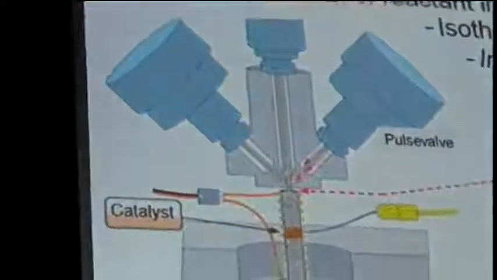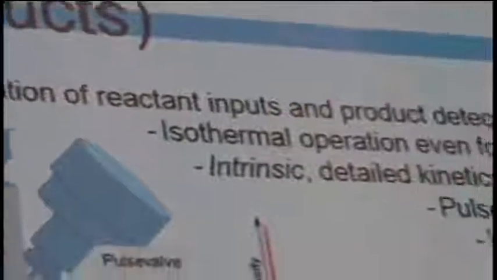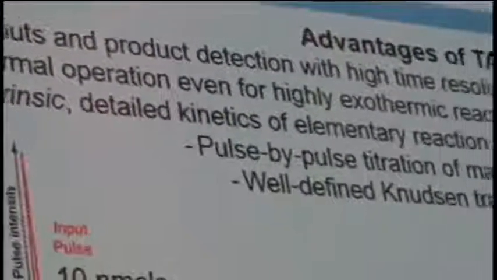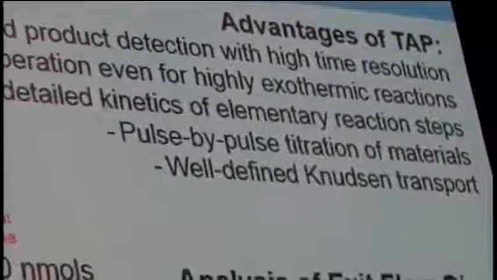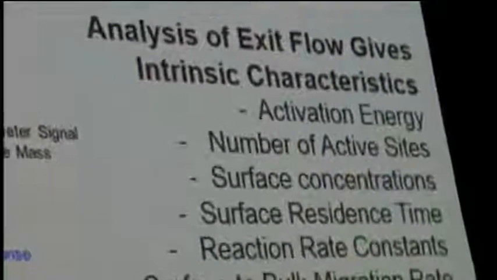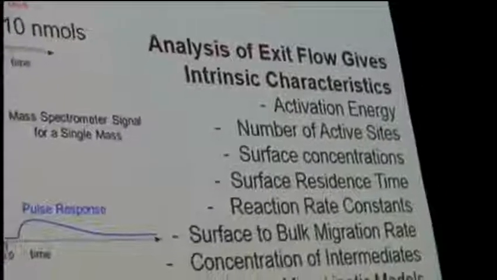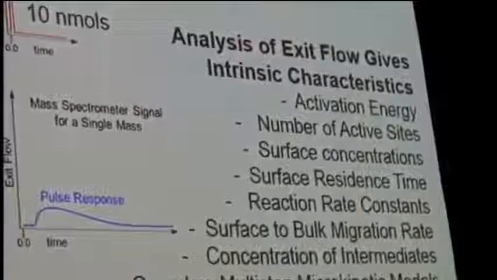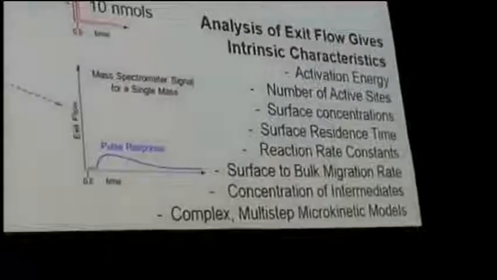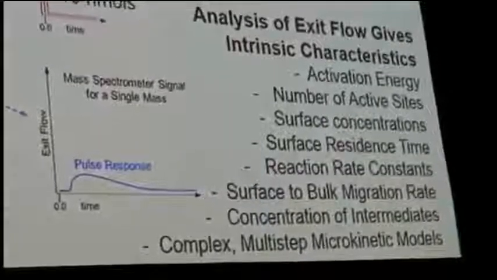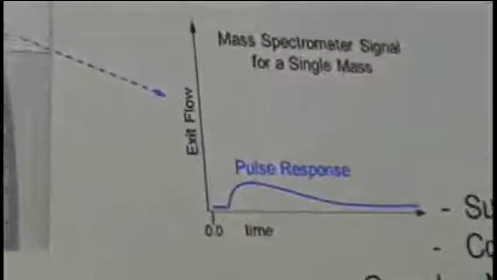And here's just a recap of what the TAP can do for you. It's very informational rich. You can determine activation energies, number of active sites, surface concentrations, and really get a very fundamental understanding of the microkinetics, what's happening on the catalyst surface. And so we're able to conduct these type of experiments.